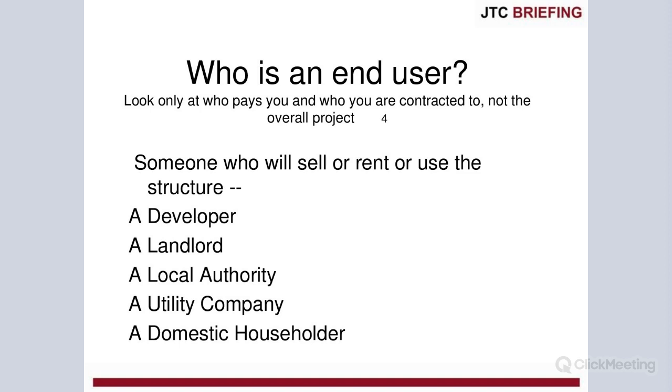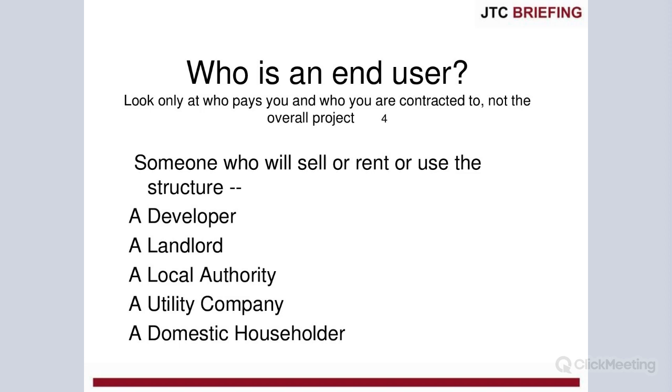Because that's who you have to test. You could, for example, be contracted to Balfour Beatty, who are contracted to the Highways Agency. You are not contracted to the Highways Agency, who are an end user. You are contracted to Balfour Beatty, who is not an end user.